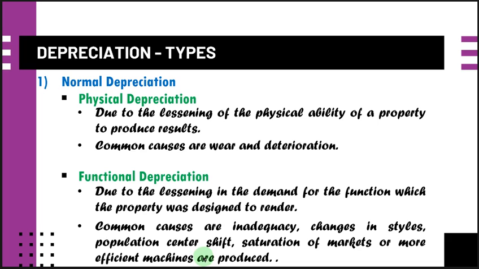Since we are on the technology, as we are going into this technological advancement, this may be a true and real reason: saturation of markets or more efficient machines are produced. Just like for our cell phones.